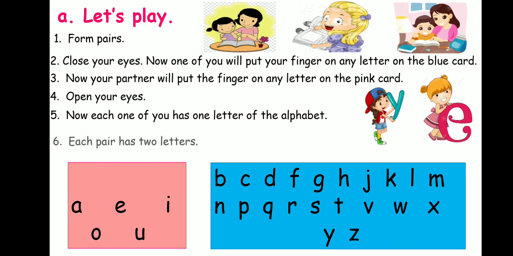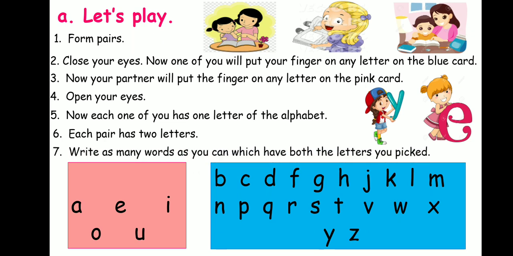So what you're going to do after that is, each pair has two letters. That is, you and your partner are one pair. Suppose there is one more pair in your house who's playing this game. That means there are two pairs. So each pair will have two letters, one vowel and one consonant.